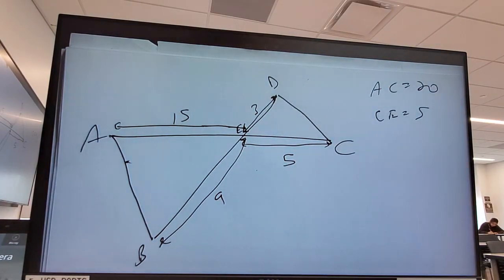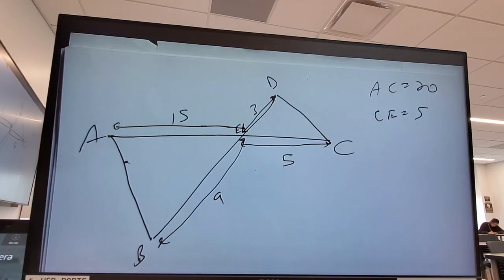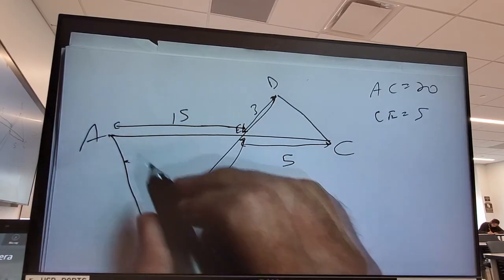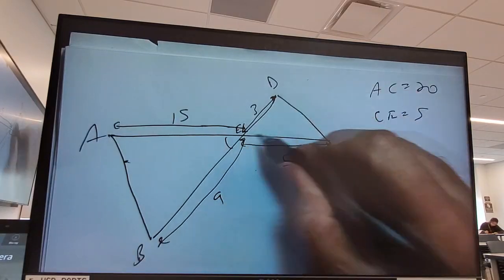So then the scale factor should kind of jump out at you. You got the correct sides right now. What angles are congruent? I didn't tell you this, but you can tell. Vertex angles, yeah. So AEB is congruent to DEC.